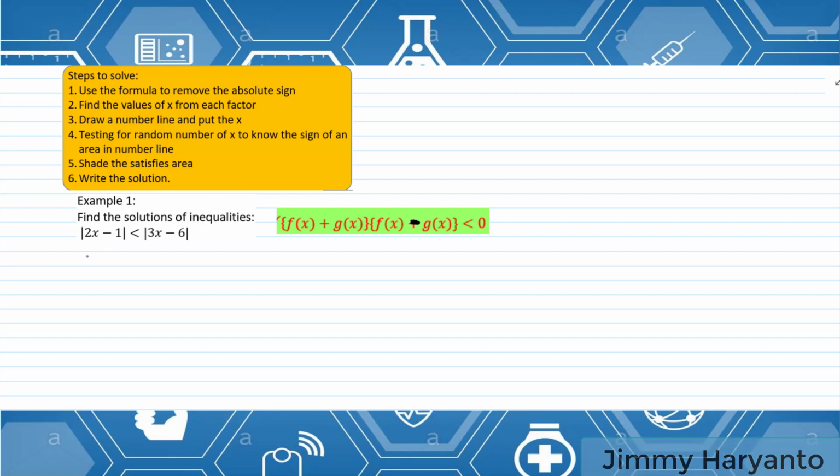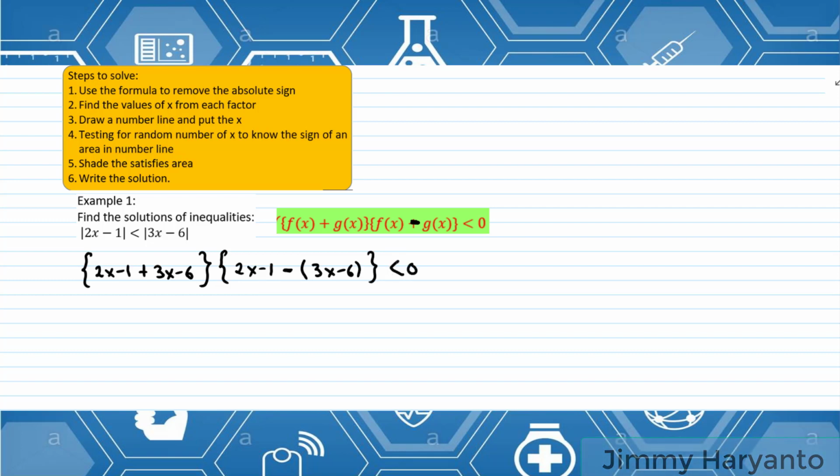We have f(x) 2x minus 1 plus g(x) 3x minus 6, and then times it again with f(x) 2x minus 1 minus g(x). Because the sign is minus, we have to use brackets for g(x) 3x minus 6. There you go. Do you get it?